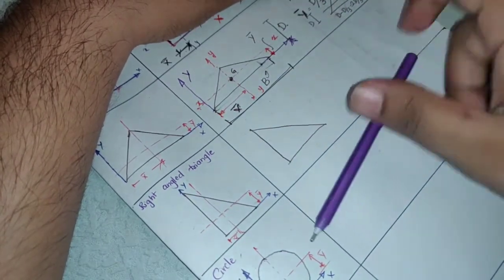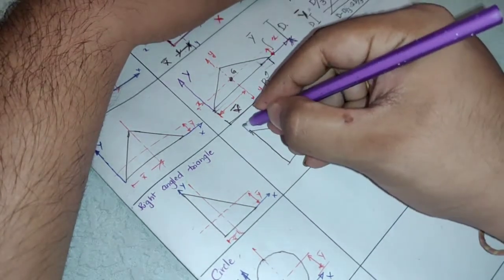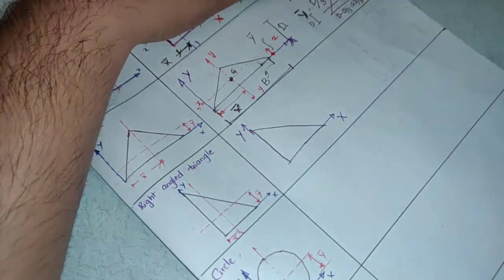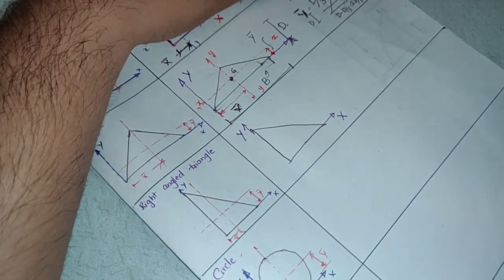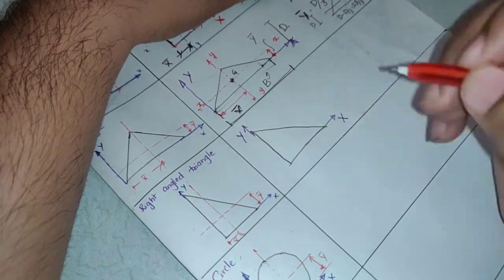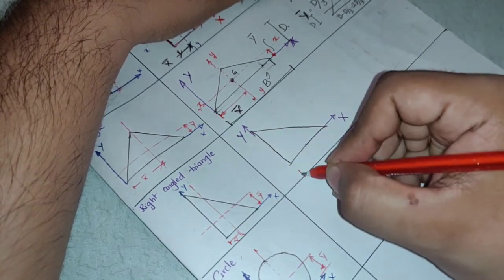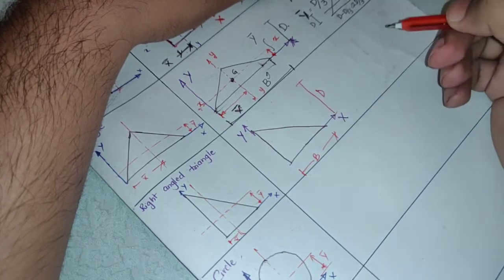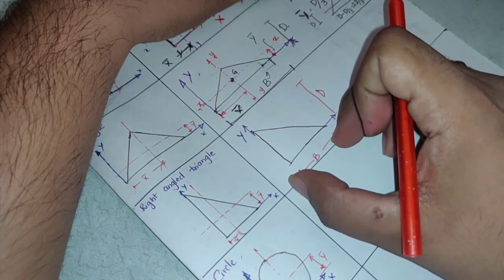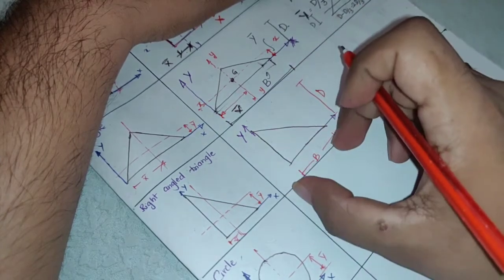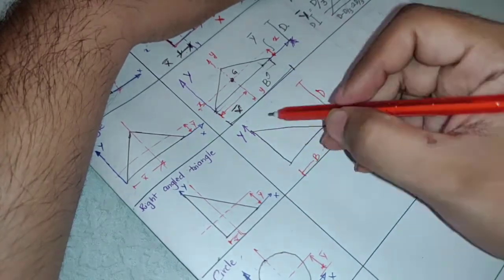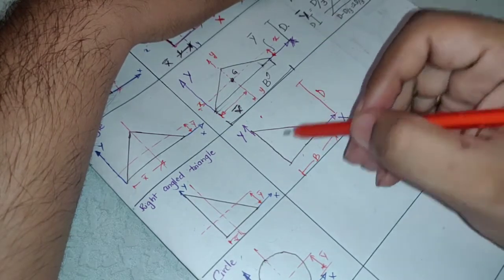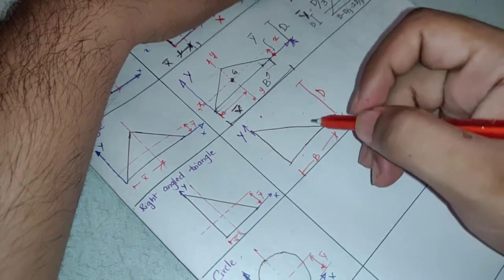Now if I locate its reference axes, this is the reference axis capital X, this is reference axis capital Y. Now if I need to locate where the CG of this is, if I call this B and this D, will it be exactly B by 2 or D by 2? If I cut this object exactly at B by 2, will the area be equally divided? Or if I cut at D by 2, will the area be equally divided?